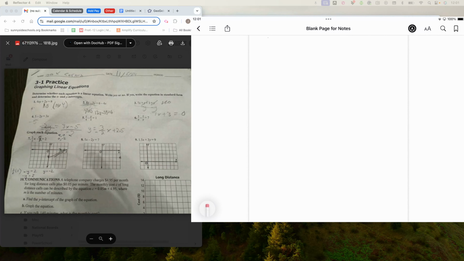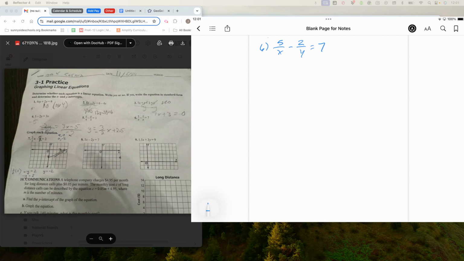Okay, so for number 6, it goes back to what I've mentioned before, that if something goofy is happening to y, it is not going to be a linear function. So 5 over x minus 2 over y equals 7.